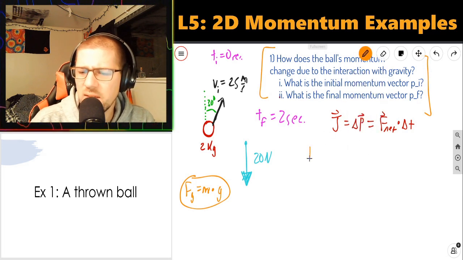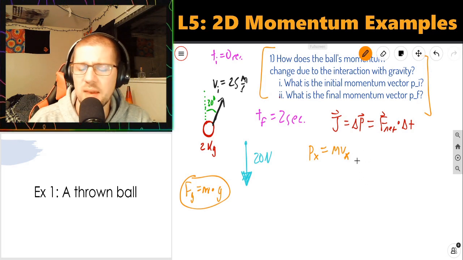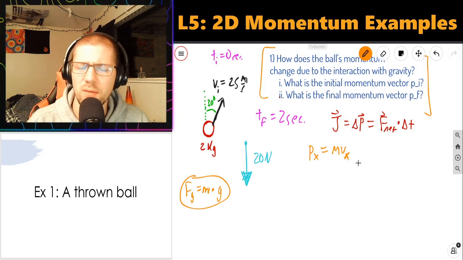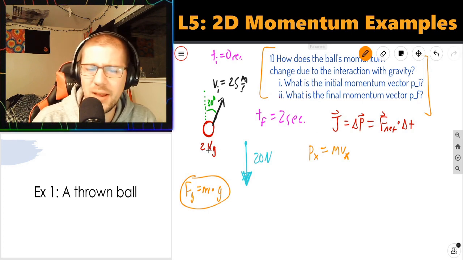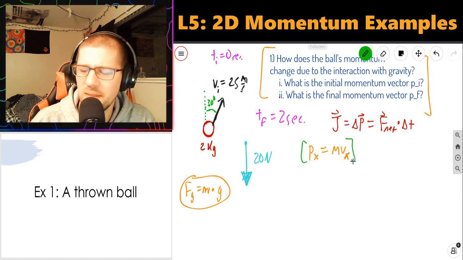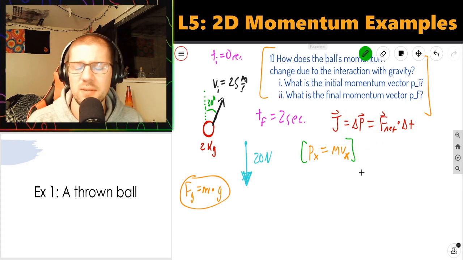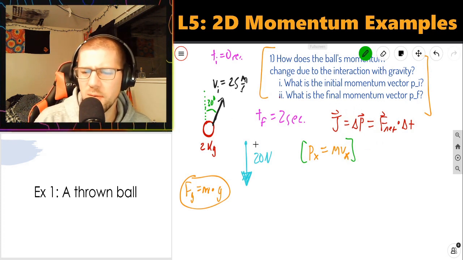I can find the x component of momentum either as mass times velocity in the x direction, or I can calculate the whole vector P and then take the x component of that. Since I'm lazy, and that requires one extra step of multiplying, I'm just going to do this method. The x component is just the mass times the x component of velocity. So what's the x component of velocity?